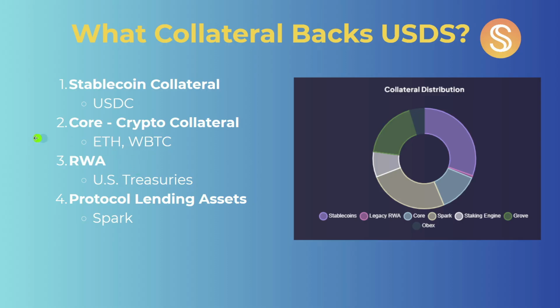Then RWA, like US Treasury, as we have said before, it is this legacy RWA part here. And of course, protocol lending assets like Spark, because this is another protocol that is also provided by the Sky ecosystem.